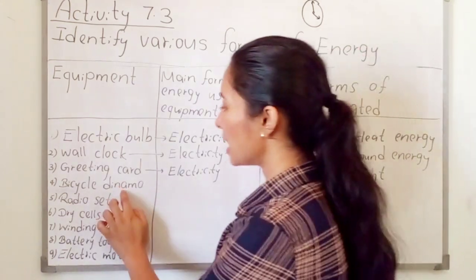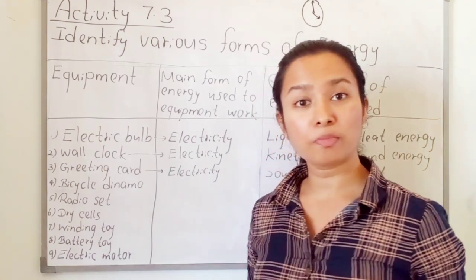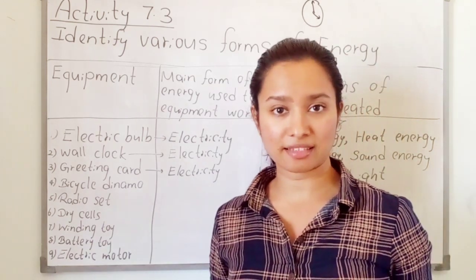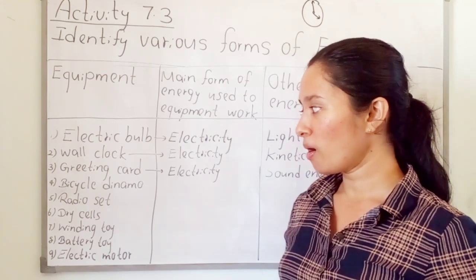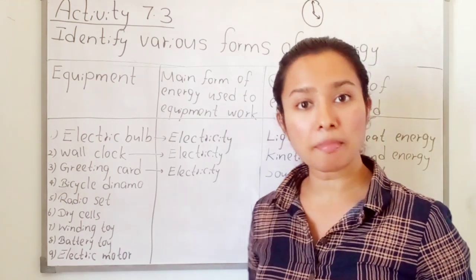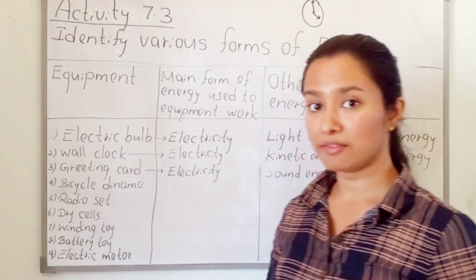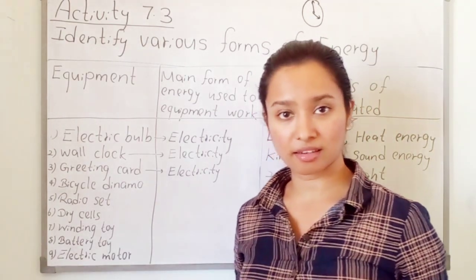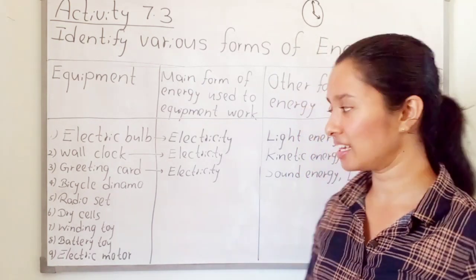Then the bicycle dynamo. We discussed the bicycle dynamo in the previous lesson, in our electricity lesson. We need to ride the bicycle to work the dynamo. There is a movement, that means kinetic energy.